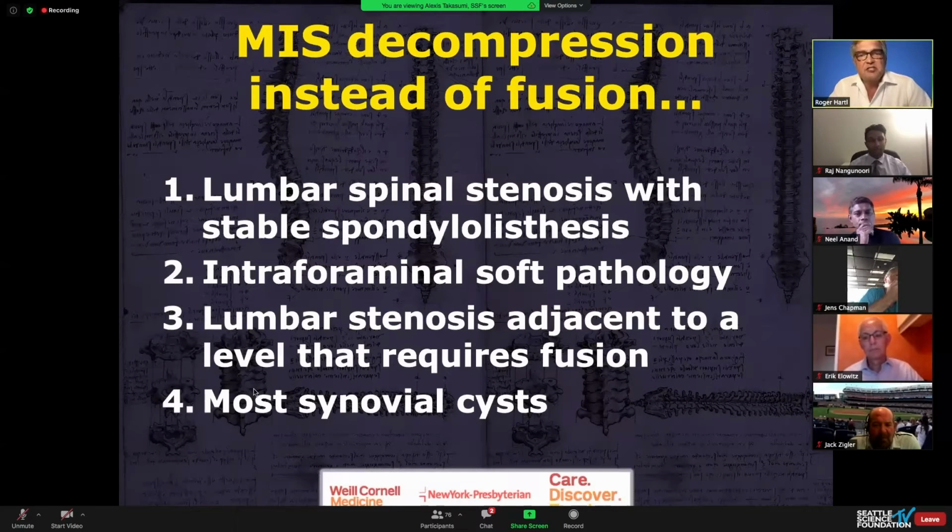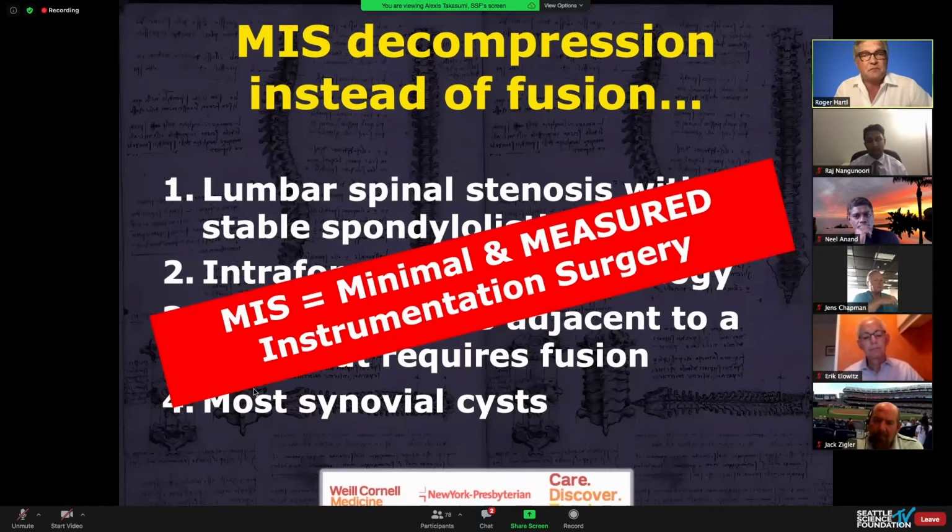Lumbar stenosis adjacent to a level that requires a fusion: patients who present with two-level stenosis, one level may be unstable. We do a fusion, an MIS fusion at one level, and then an MIS over-the-top decompression at the adjacent level. So we save one fusion in that patient. And then most synovial cysts, we decompress. We don't necessarily do a fusion.